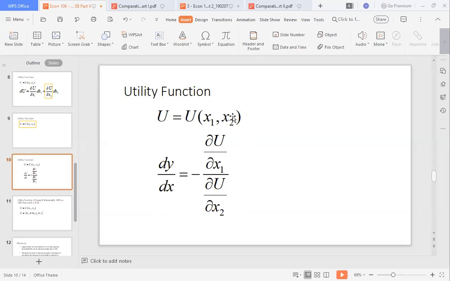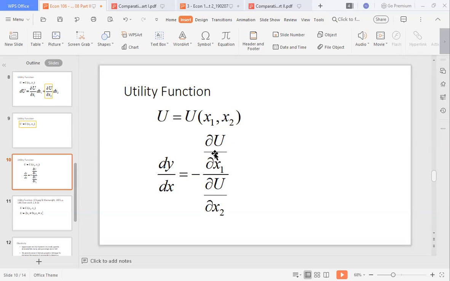So again, from our function here, dy over dx is our slope, which means it is just the ratio of our marginal utilities. Our marginal utilities are written this way, where we get the partial derivative with respect to these goods.